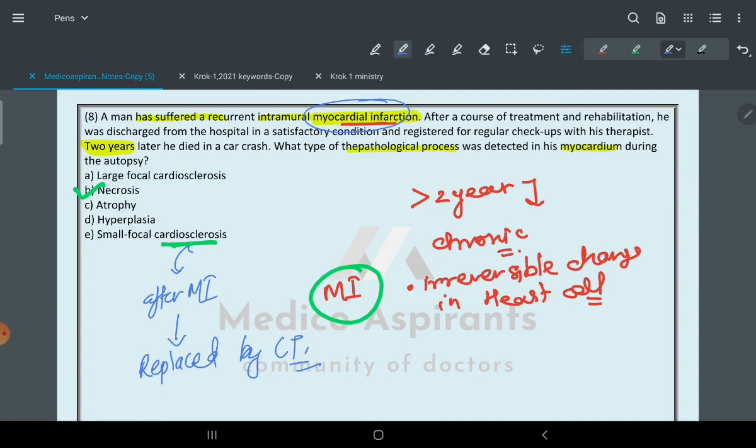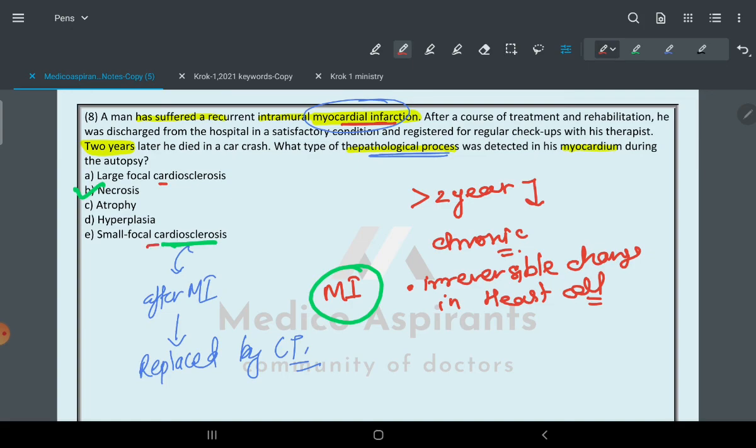It also supports the other part of the heart, but it will be post infarction, and that person was getting treatment. The question asks what type of pathological process was detected. This answer was given in other sections, like Kharkiv and other exams: one gave it as large focal, and one gave it as small focal.